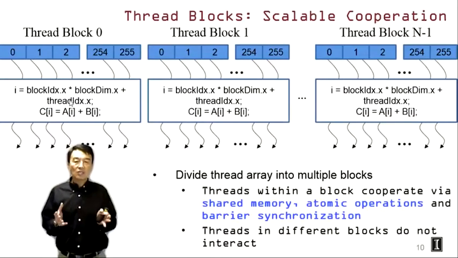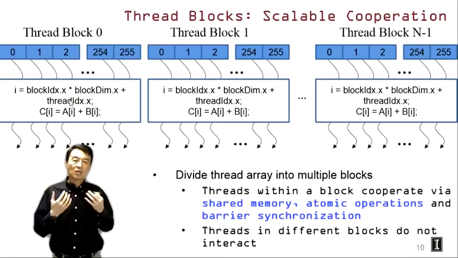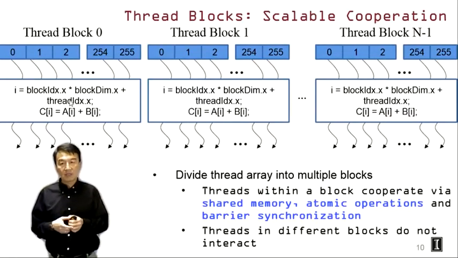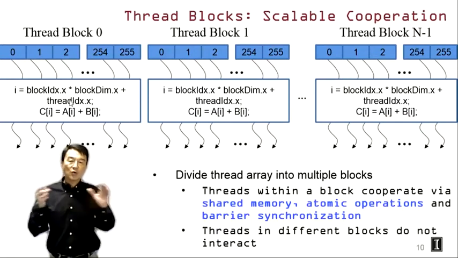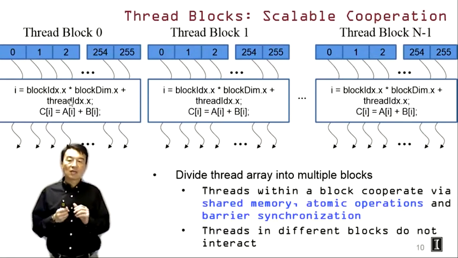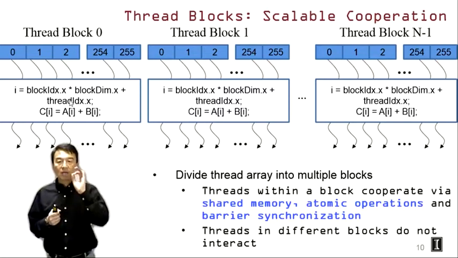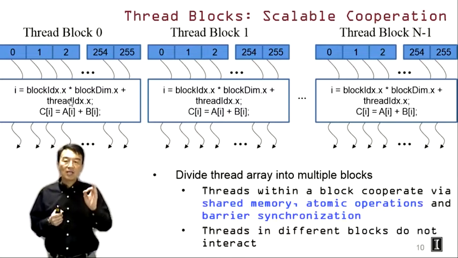Now that we understand how a single thread block works, we can expand to multiple thread blocks. Here we show a grid of threads organized into n thread blocks, and each thread block still consists of 256 threads. Every thread now has not only a thread index, but also a block index.